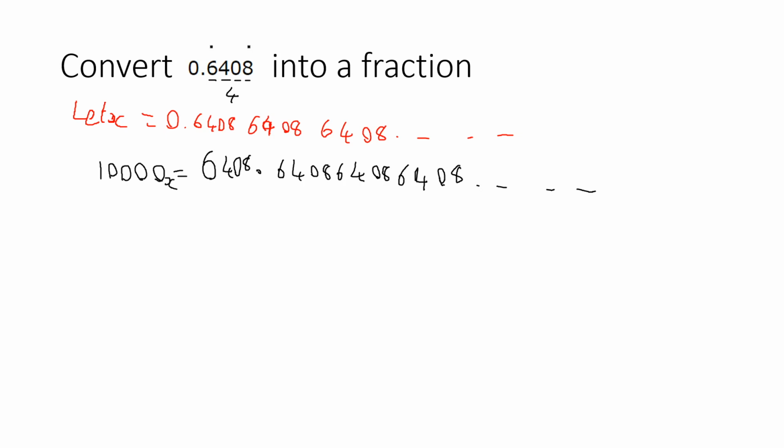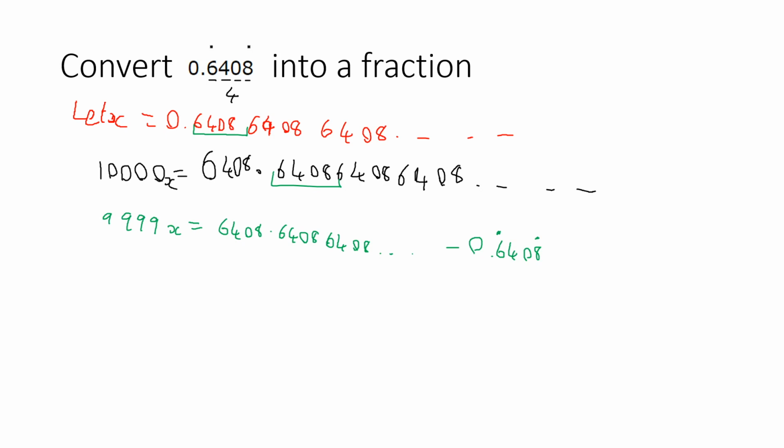And so now, because we have a decimal of 0.6408 on each side, we can work out what 9999x is, which is just 6408.6408, and so on and so forth, minus 0.6408 recurring, okay?